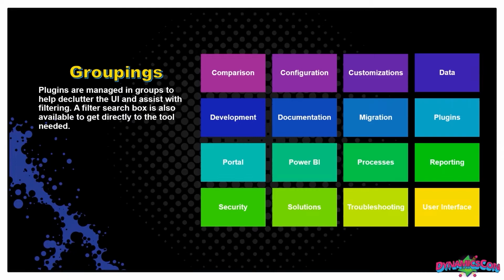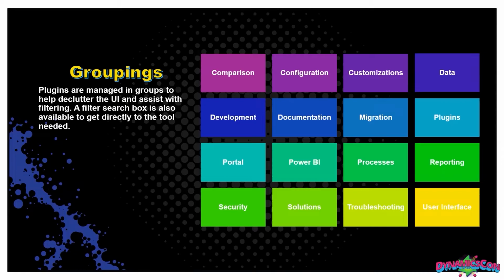One of the ways that we'll be navigating through the tool today is by going through the various groupings. And so the groupings that are already embedded in the application are comparison, configuration, customization, data, development, documentation, migration, plugins, portal, Power BI, processes, reporting, security, solutions, troubleshooting, and user interface.